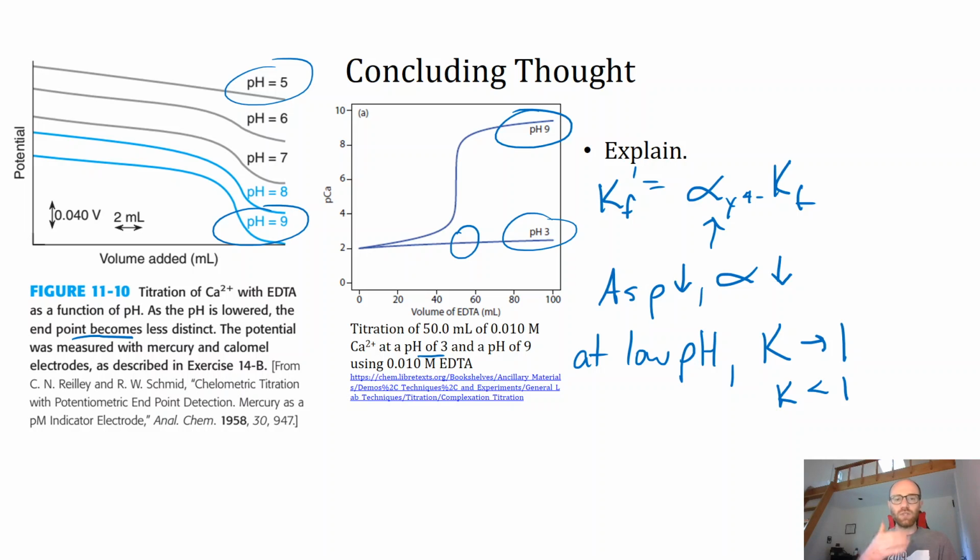So at low pHs, we know that the Y4 minus form is lower, EDTA is overall less effective, and the less effective EDTA is, the less of a jump you're going to see, because the EDTA has exhausted your metal ion, where instead you're just going to see this slow effect due to dilution, and that's about it. Thanks for watching.